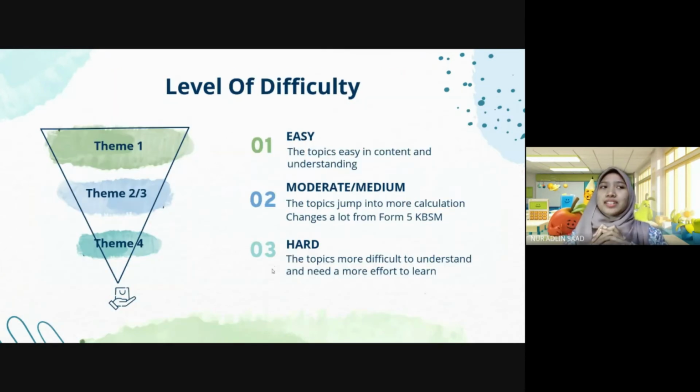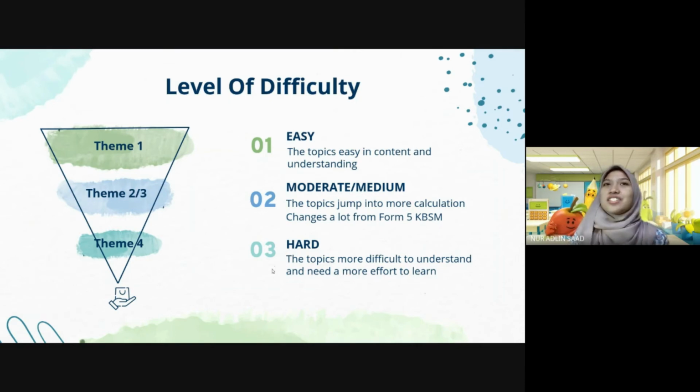Alright? Next. With all of what I mentioned before, do you know or can you guess the level of difficulty when we have themes, we have chapters, and we have a specific subtopic? Can you all guess the level of difficulty?